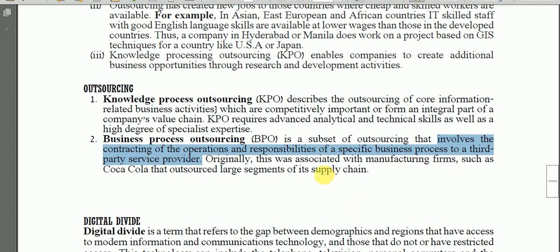Let me give you one example. Say you have a company. You are a manufacturer of children's toys, and you are specialized in manufacturing toys.